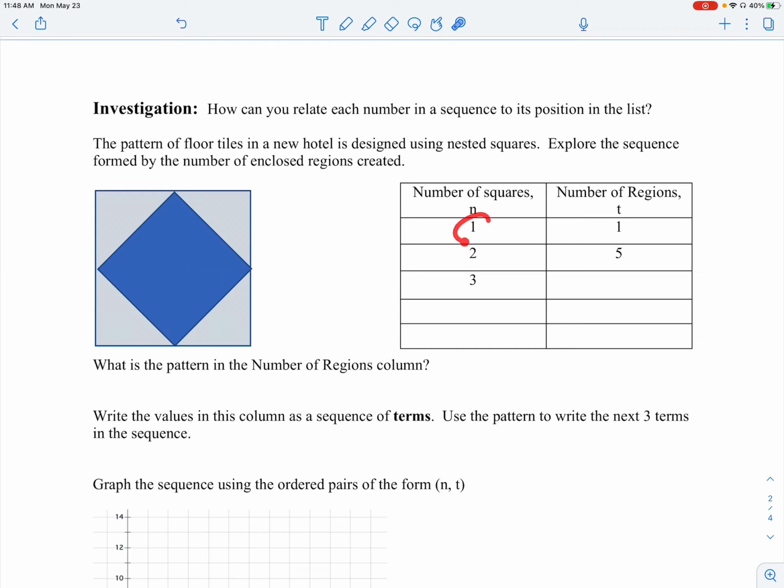When we only have one square, there's only one enclosed region. That would have been at the beginning with just this one square. Then when we add a second square inside, so two squares now, the number of enclosed regions is going to be 5: 1, 2, 3, 4, 5. What about when we have 3?